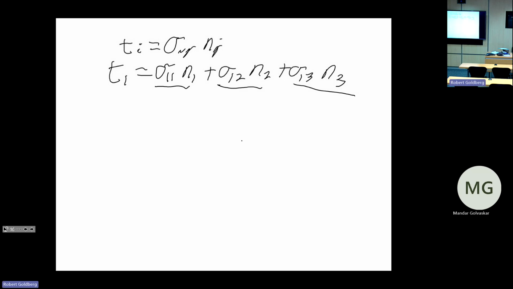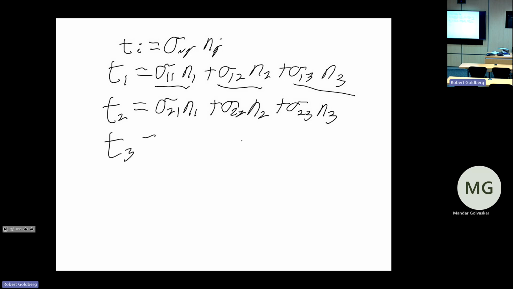And similarly, T sub 2, the component of our stress vector in the y direction, is equal to sigma 2,1 n1 plus sigma 2,2 n2 plus sigma 2,3 n3. And finally, our stress vector on the plane perpendicular to the z-axis is equal to sigma 3,1 n1 plus sigma 3,2 n2 plus sigma 3,3 n3.